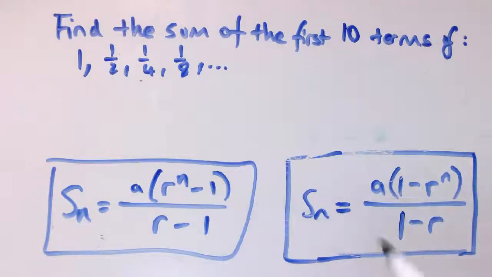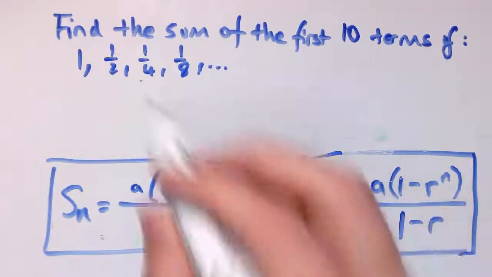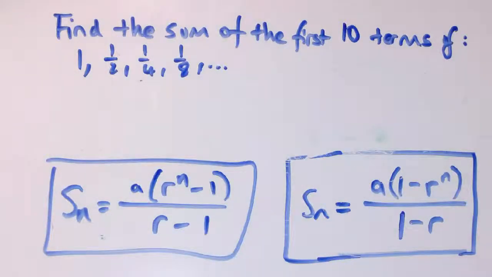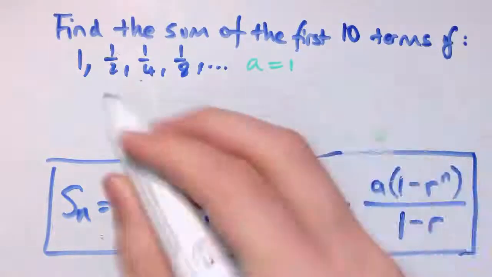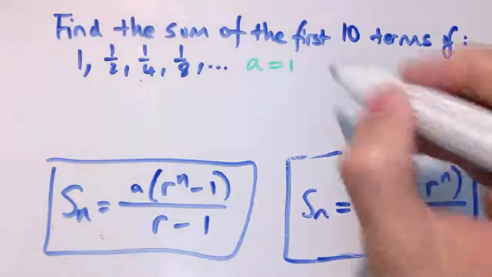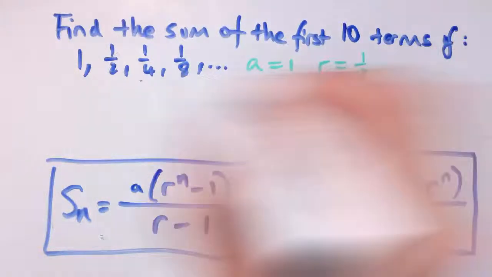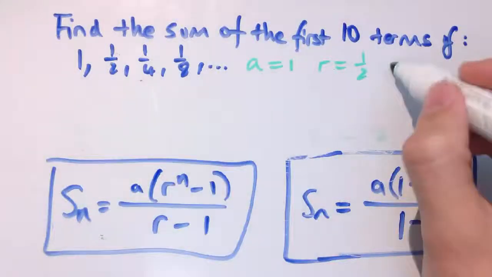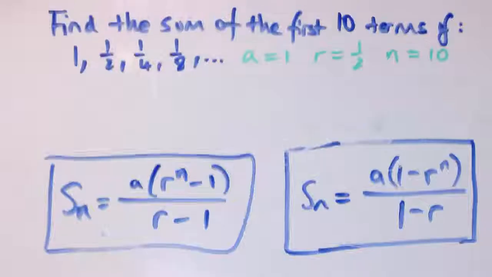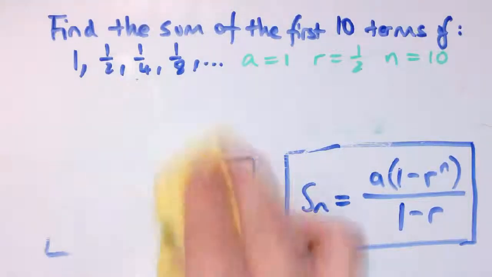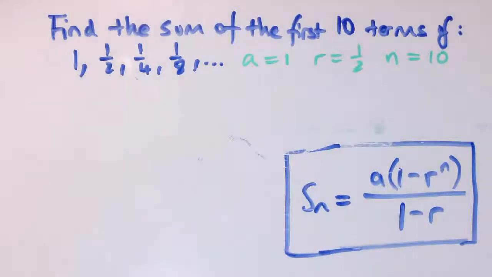In fact, let's do one with r smaller than 1. This is a geometric progression where the first term is 1 and the common ratio is 1/2. You can see it's just dividing by 2 each time, and this time I want the first 10 terms. The original formula will have the top and bottom positive, so let me use that one. As I say, either will be fine.